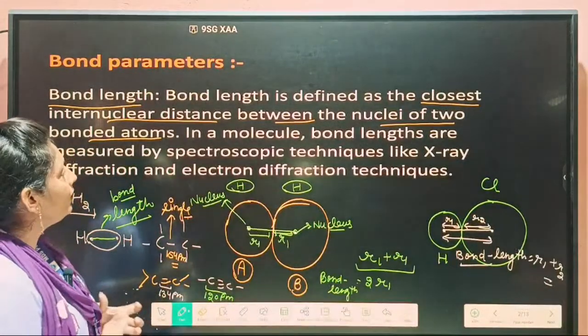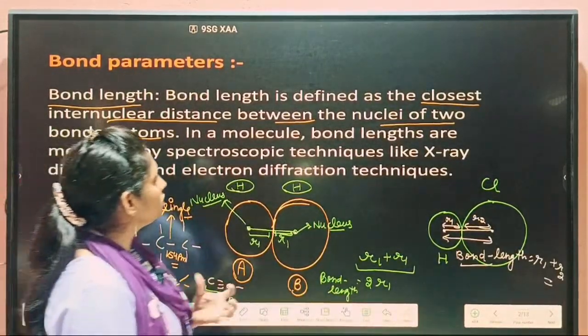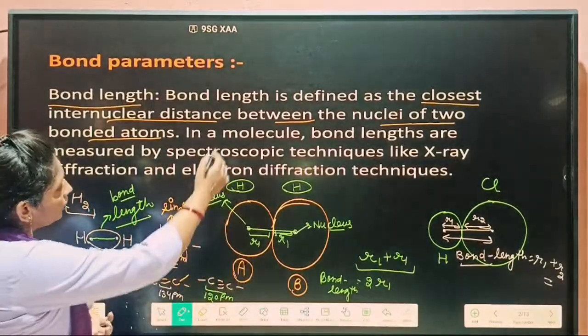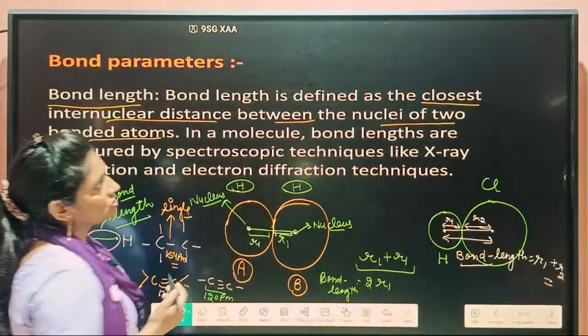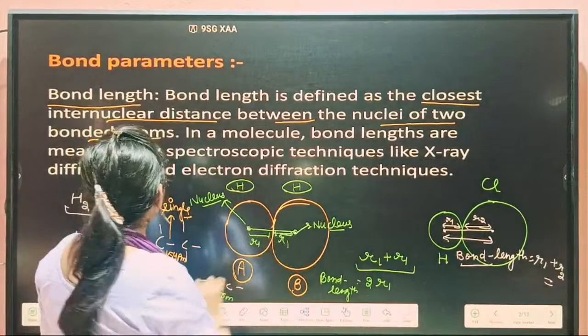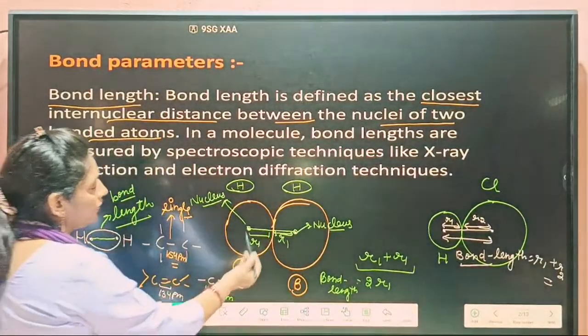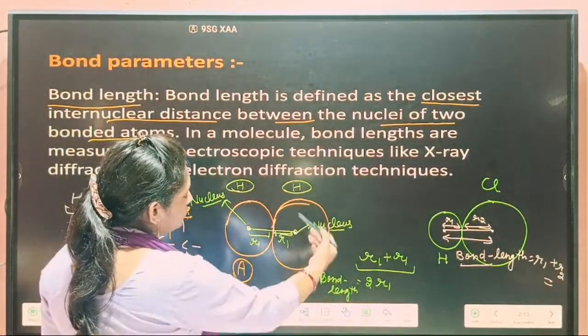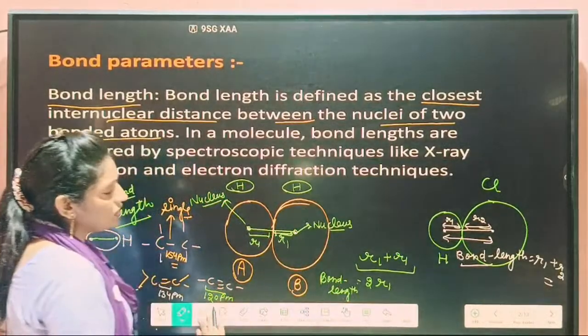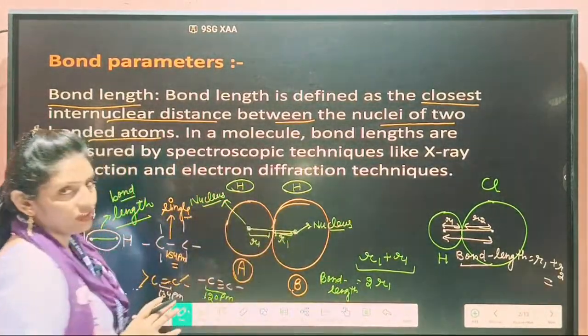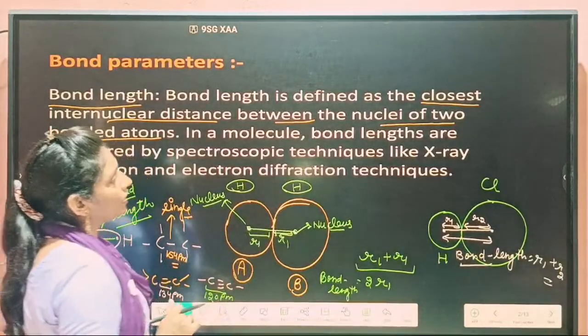So what do you mean by the bond length? Students, bond length is the closest internuclear distance between two nuclei of two bonded atoms. Here the two bonded atoms are A and B, and the internuclear distance between them is known as the bond length.